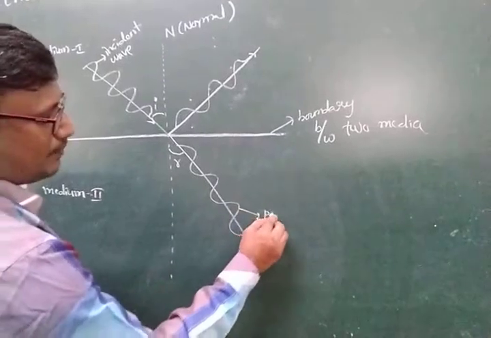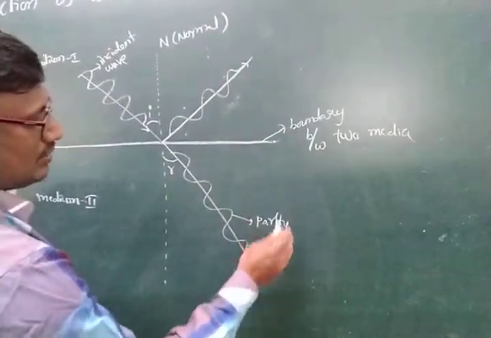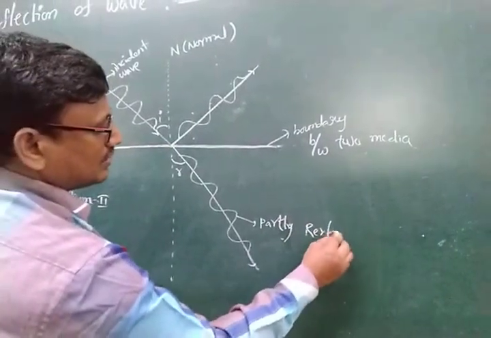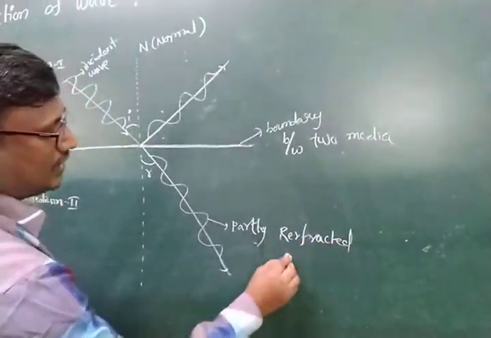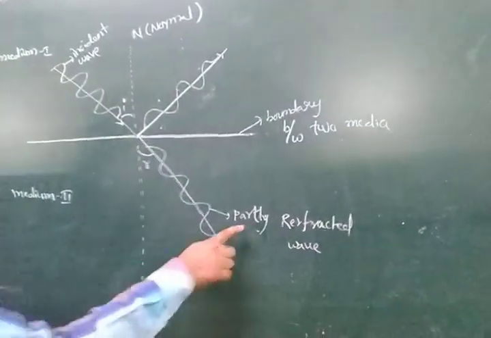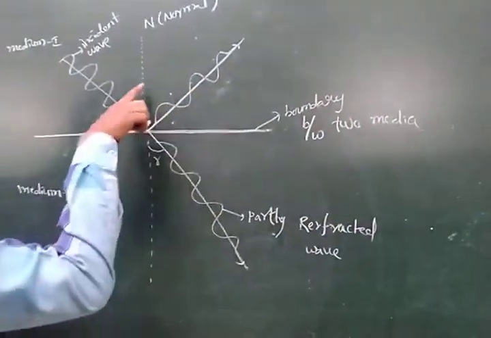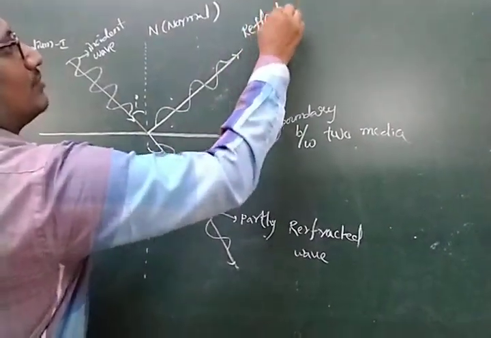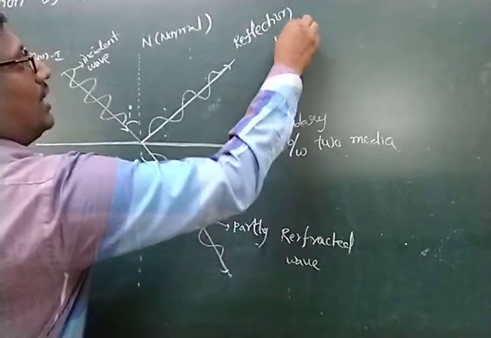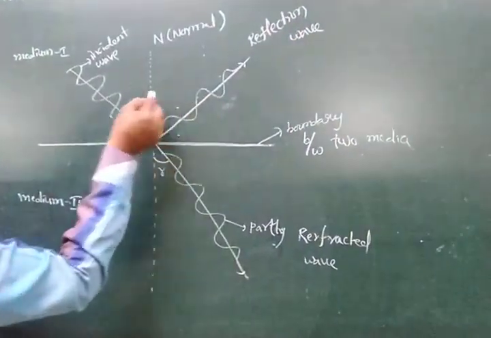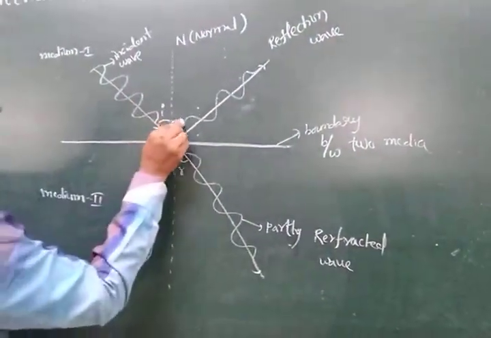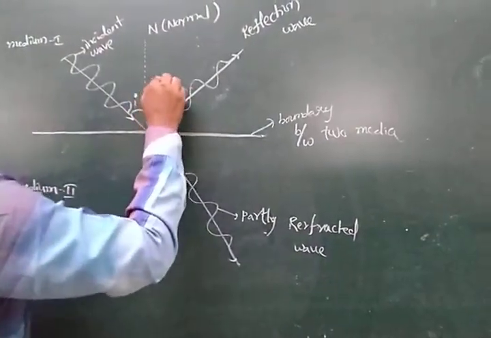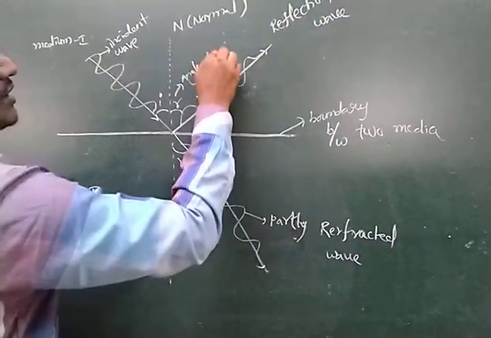This is the partially refracted wave. The wave which returns into the same medium is called the reflected wave, and the angle it makes with the normal is called the angle of reflection.